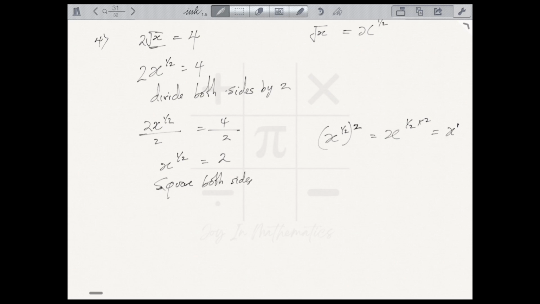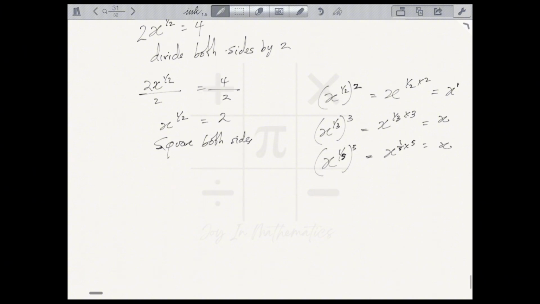Now, some might be asking, what if it is x raised to the power 1 over 3? All I want to do is take the cube of both sides. So that means I'll have x raised to the power 1 over 3 times 3 is equal to x. Likewise, maybe it is 1 over 5. I use 5 and this will give me 1 over 5 times 5, and we will have x.